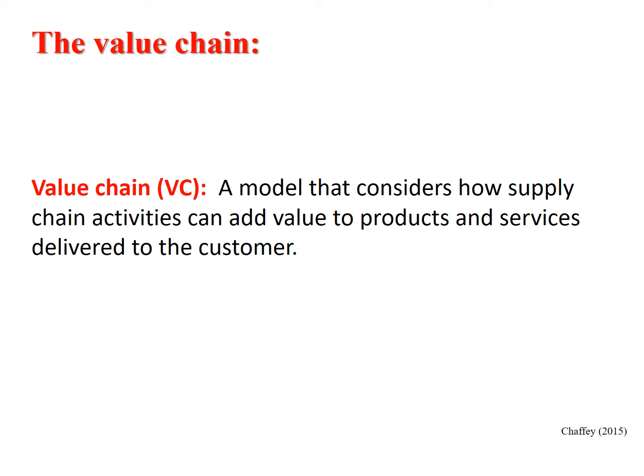If you remember, at the beginning I said that the primary activities included inbound, processing, outbound, marketing, and service, and the secondary activities included things like HR, technology, infrastructure, information systems, and so forth.